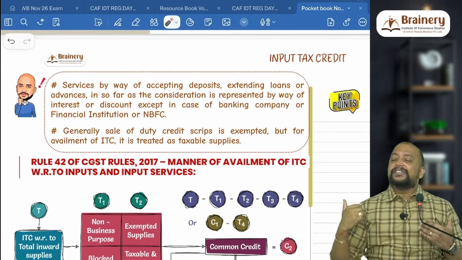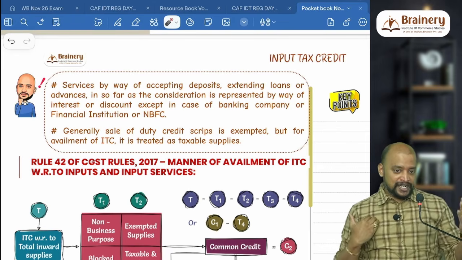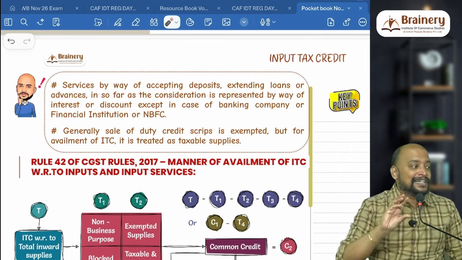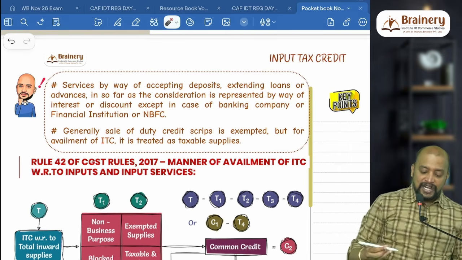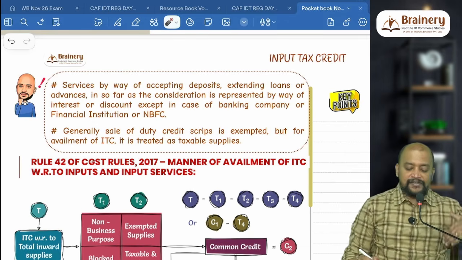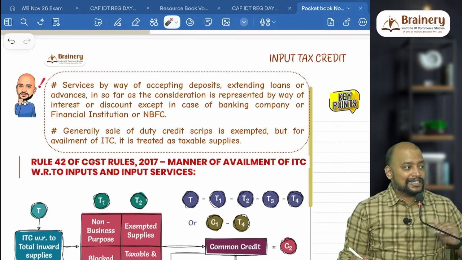But others, they will treat it as exempted for payment of GST, but while computing the turnover for ITC purpose, they will group it under taxable. Then generally sale of duty credit scrips is exempted, but for availment of ITC it should be treated as taxable.